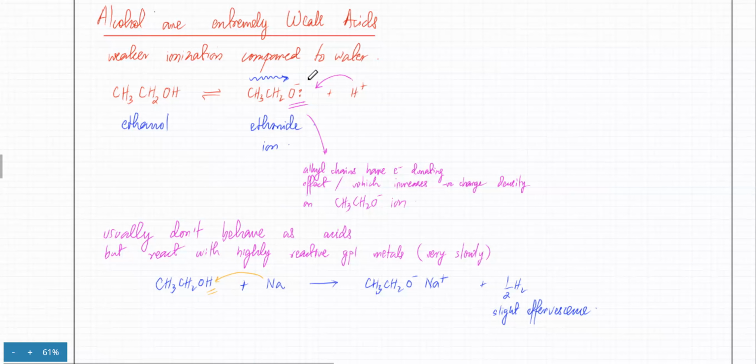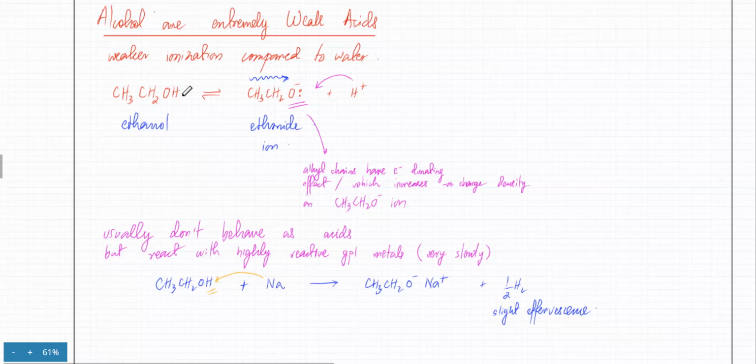And when it increases the negative charge density, the H plus is attracted very strongly, which is why the H plus doesn't ionize that much. Alcohols have weaker ionization even compared to water. Water ionizes very badly, it produces very few ions, but alcohols are even weaker.